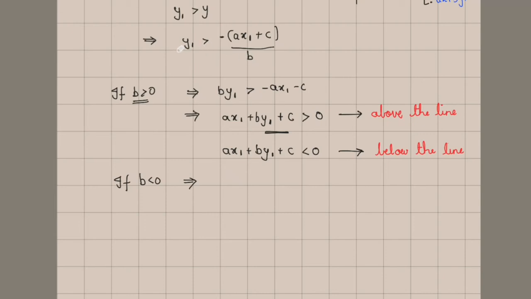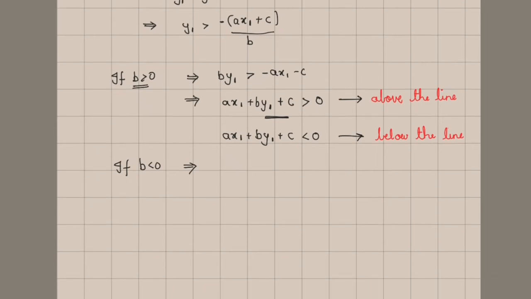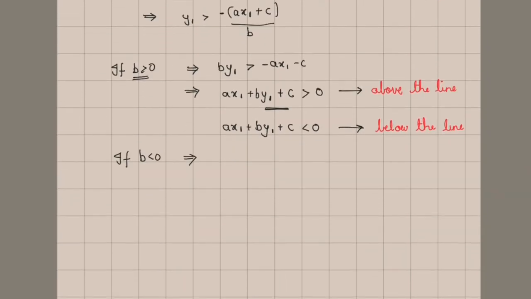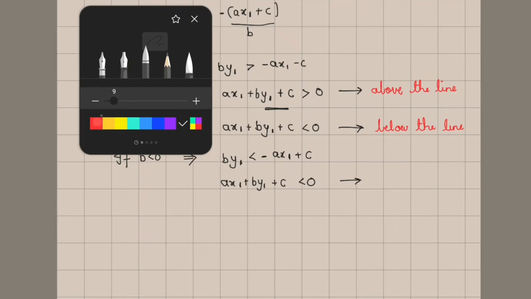When you multiply both sides with a negative number, the greater sign becomes a lesser sign, which gives by1 is less than minus ax1 minus c, which gives ax1 plus by1 plus c is less than 0. This means above the line.